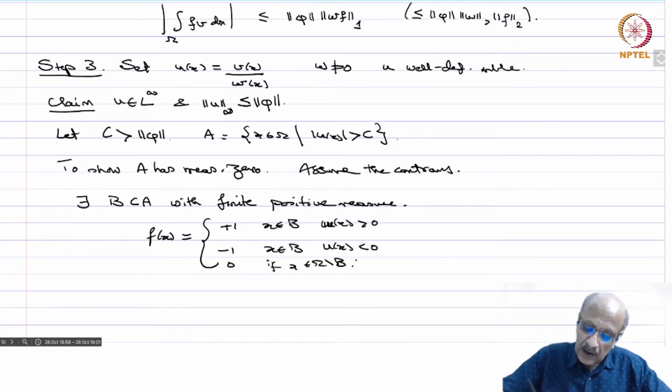Mod f is equal to 1 on a set of positive measure, and therefore f is in fact in L2 of omega.